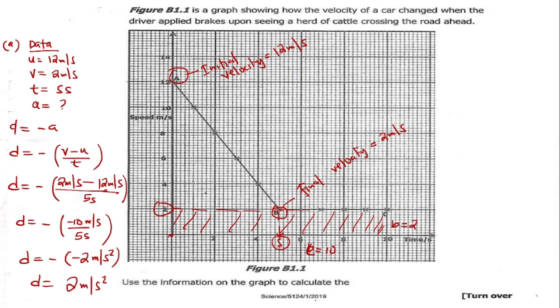Then we have a triangle, of which the base, from 0 to 5, is 5. The height of the triangle, from 2 to 12, becomes 10.